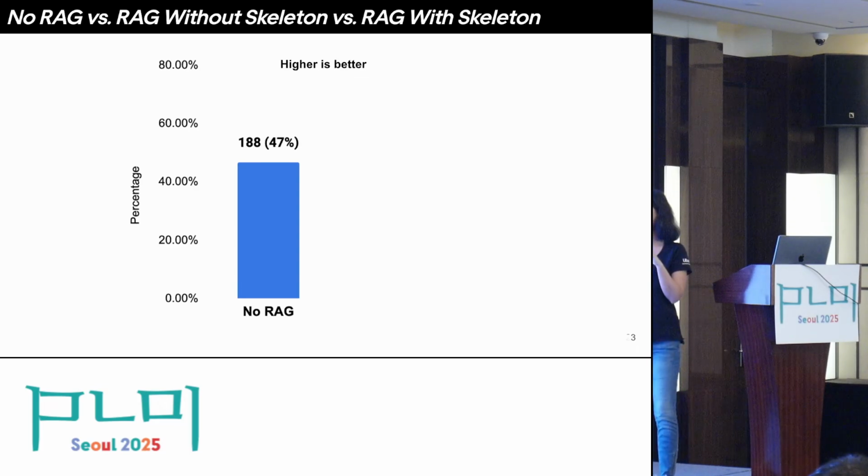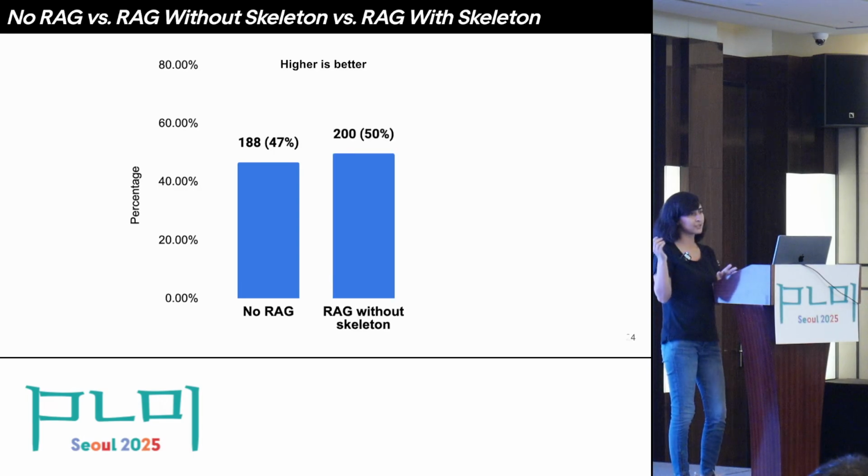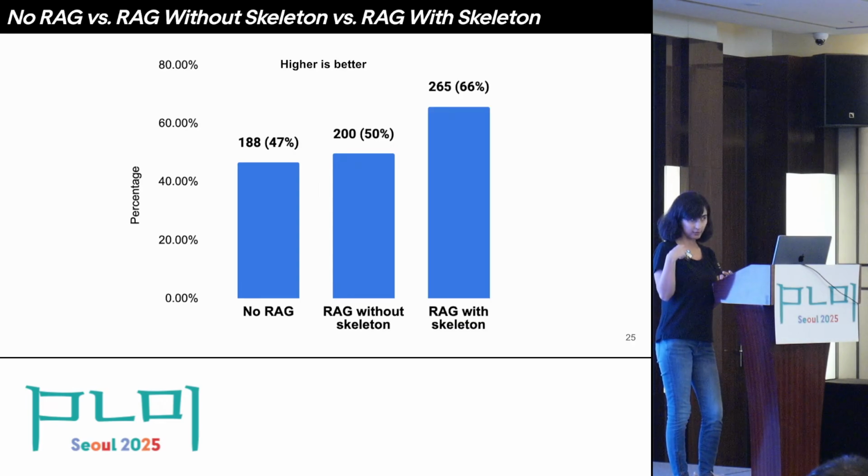Not using RAG at all, we were able to generate fixes for 47% of the data races. Then once we used the RAG, but without our concurrency skeleton, the number went up 3%. And with the concurrency skeleton, the number went up to 66%.